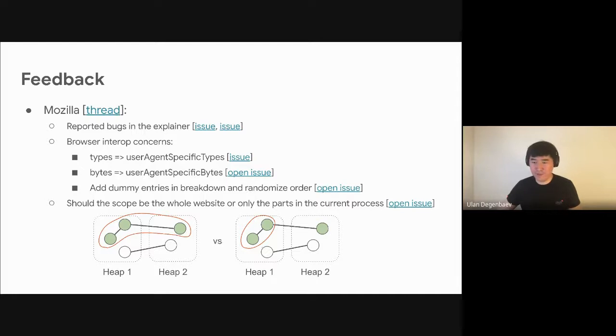It's better than what we had before with the legacy API because this would not include unrelated pages, but it would be limited to a process and would then depend on the process model. So there is an open issue, and if you have opinions, I'm very curious.